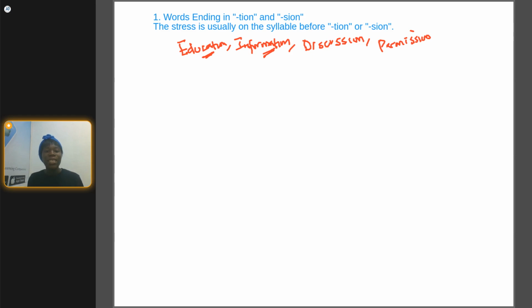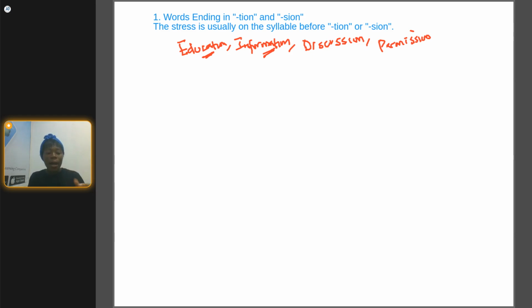Now we have the word discussion. Discussion ends with sion. Because this word ends with sion, the syllable before the sion carries the stress. So you say discussion.